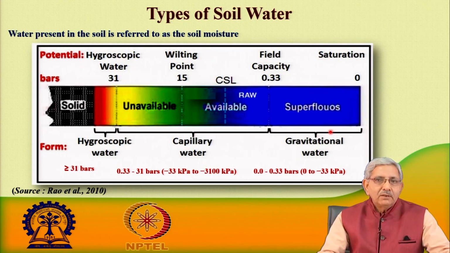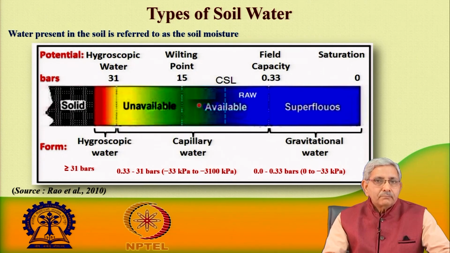This water is known as gravitational water, and from the potential point of view, the potential is 0 for saturated water, and when it is brought to field capacity, it is up to 0.33 bar. So, gravitational water is available at 0 matric potential, or 0 to 0.33 bar.